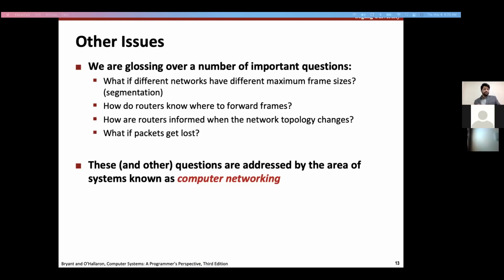And what if packets get lost midway? Are there other failures that let packets get lost? There are a bunch of other questions which are not going to be addressed in this lecture, but you might come across a specialized computer networking course that will talk about all these issues, and you will learn a lot more there.